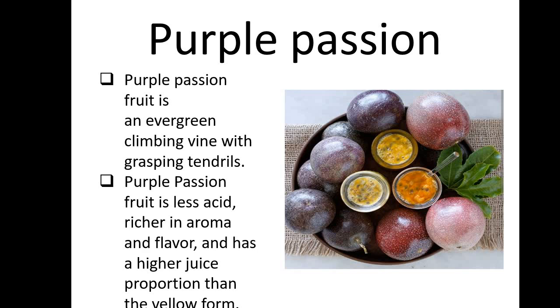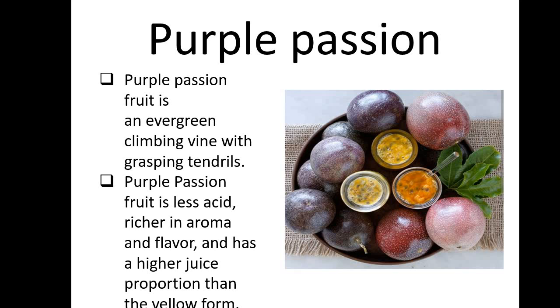The juice is less acidic, and the aroma is very strong, and it is used in most cases for the processing of the fresh juice. Okay, so those are the two varieties of passion that you are most likely to come across, and I know most of you have seen them.